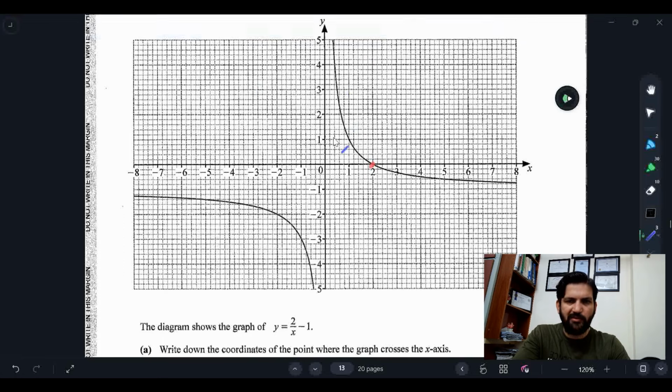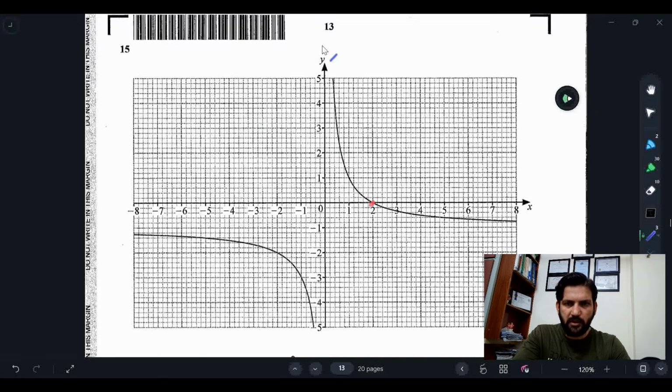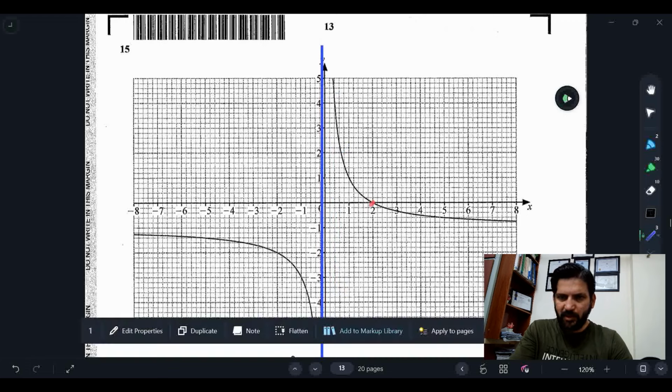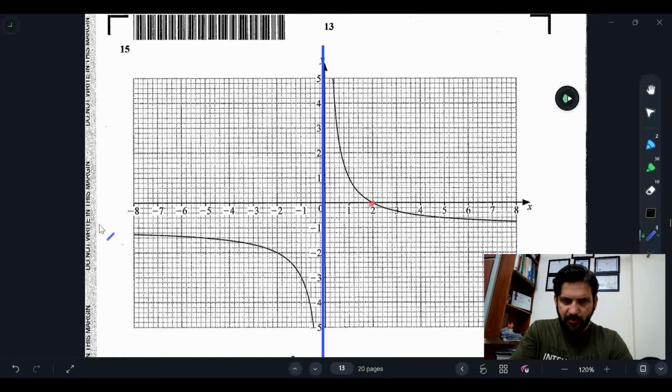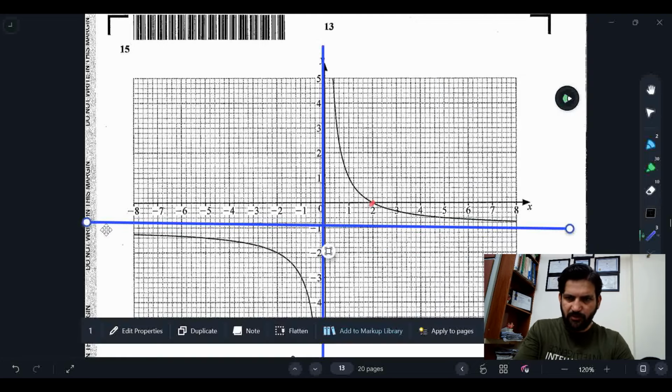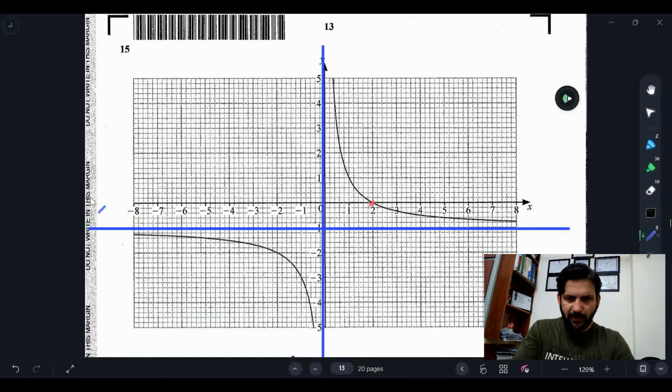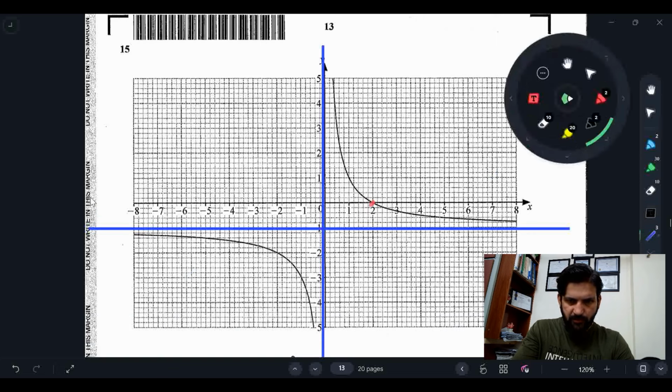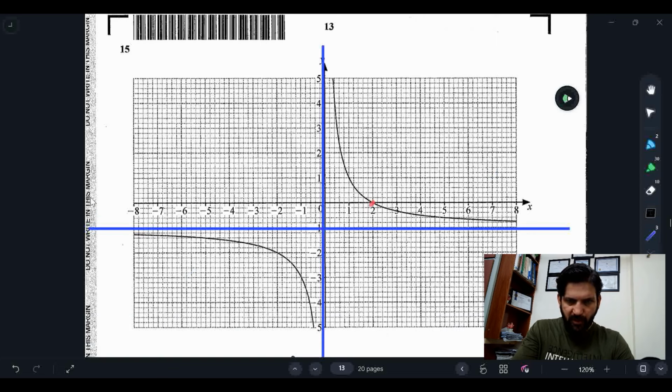Let's move to the next one. Write down the equation of the asymptote. This question is very simple. We have to see that these two lines will be the asymptotes, this line and this line, because we can see that at these two points we don't have any value in the graph.